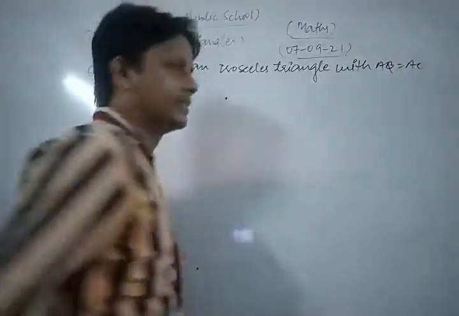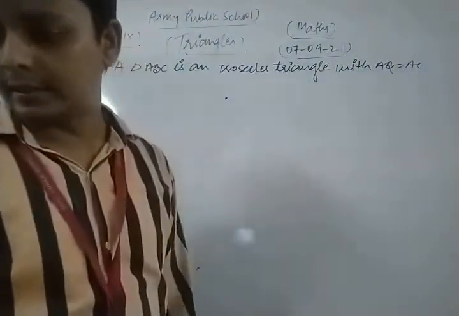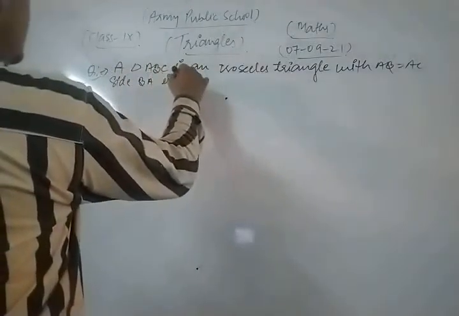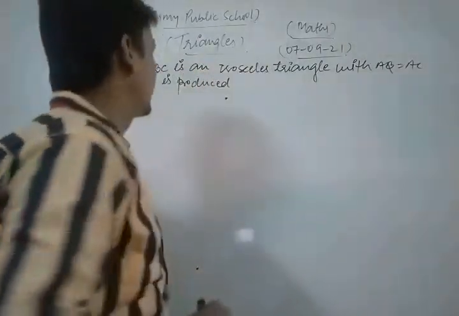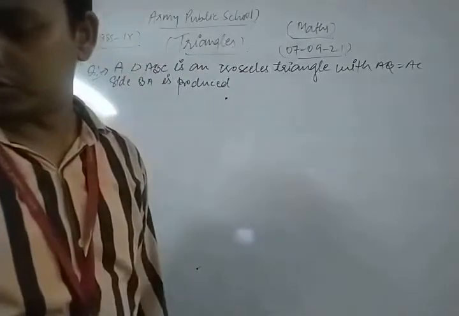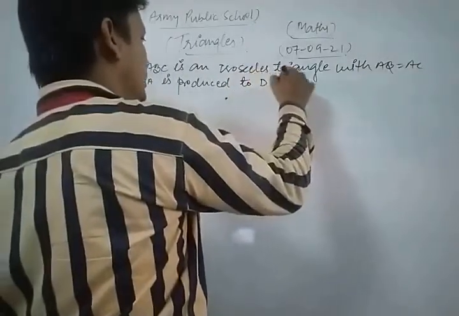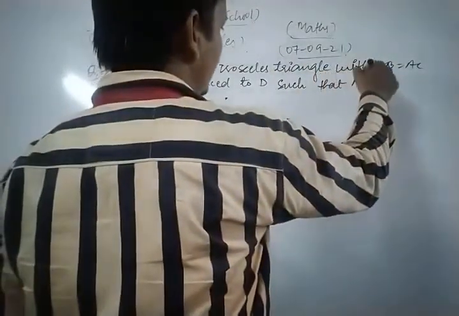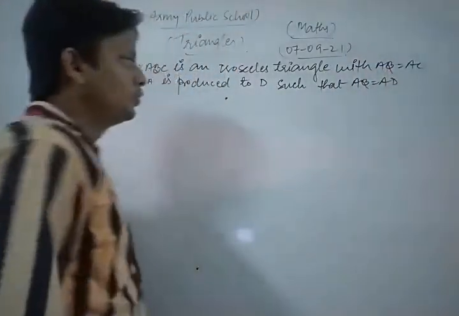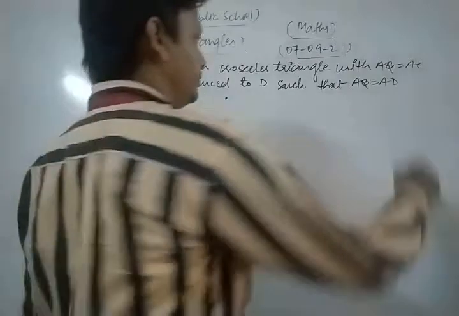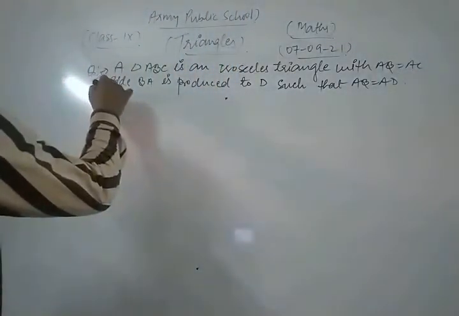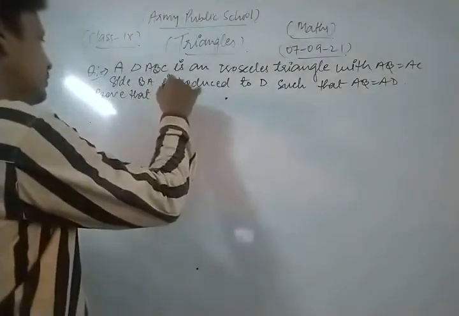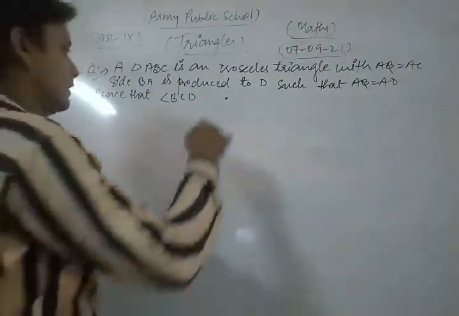Side BA is produced to D such that AB is equal to AD. Prove that angle BCD is a right angle.